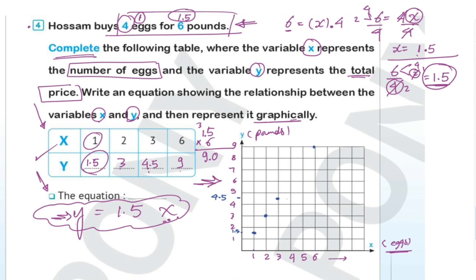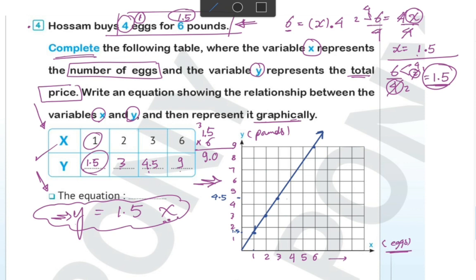Now use your ruler to draw the line, and go up. Also we can start it from the 0 point, and go up as you wish.